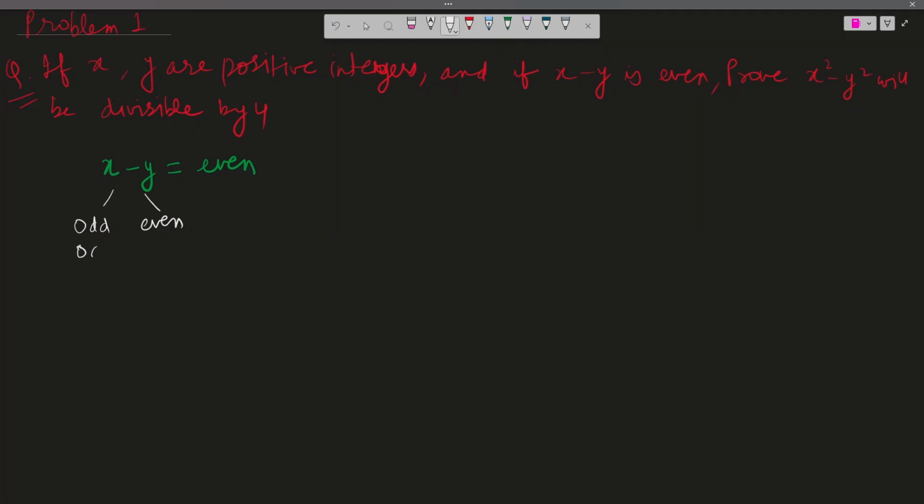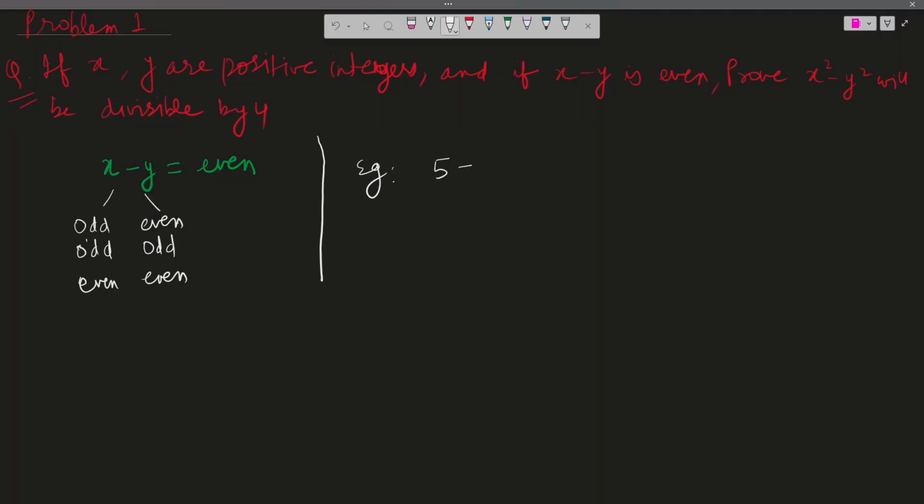Are they both odd? Are they both even? Or is one odd and the other even? So we need to work out which scenario applies. We can understand it very clearly by a small example.